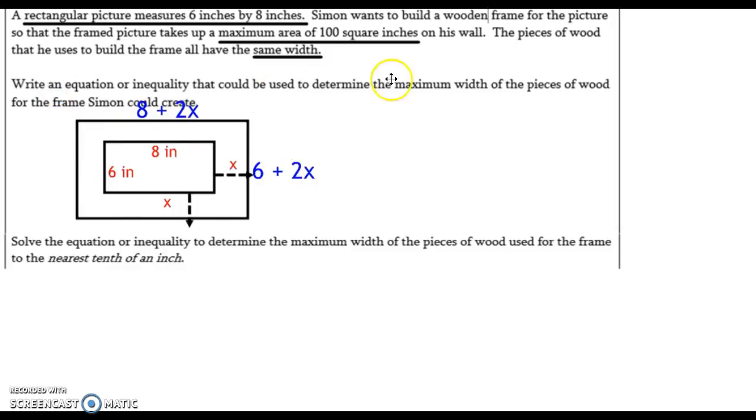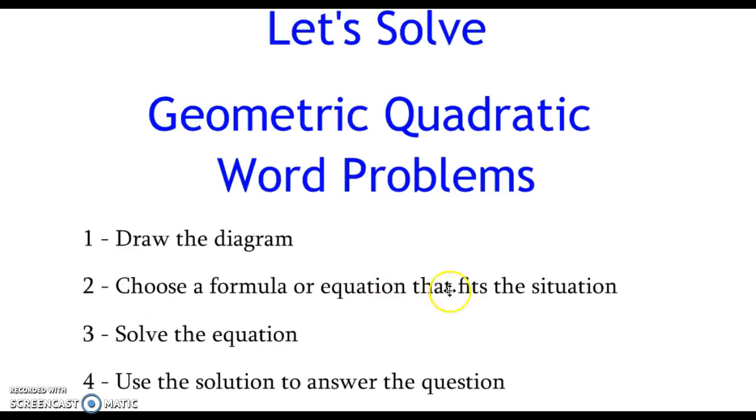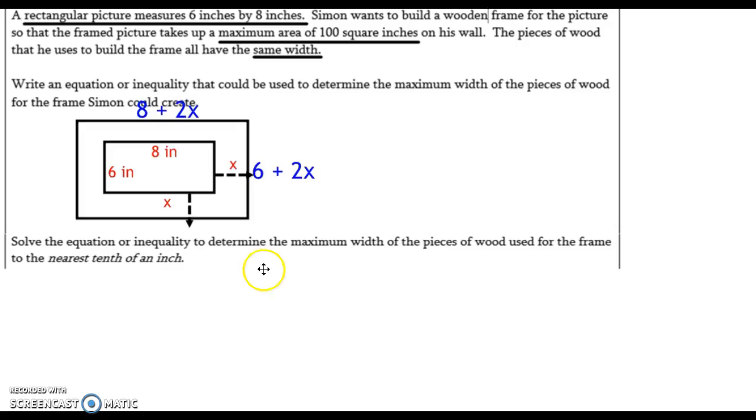Now let's write the equation or inequality that can be used to determine the maximum width of the pieces of wood. In this case, we're going to look for a formula or equation that fits the situation. Well, the thing that fits the situation is they gave us area. If they give you area, we're going to use area equals length times width.